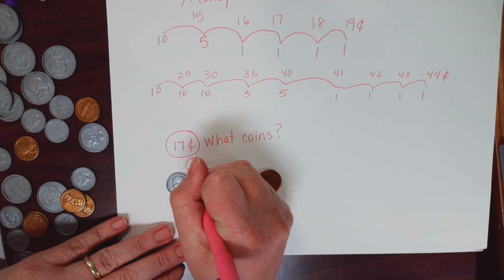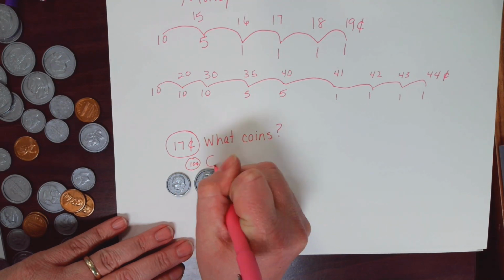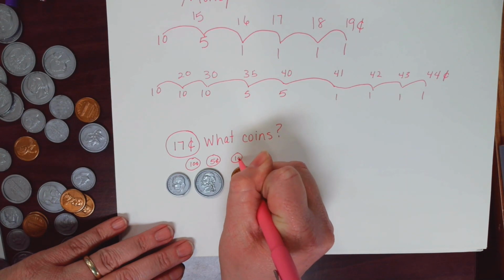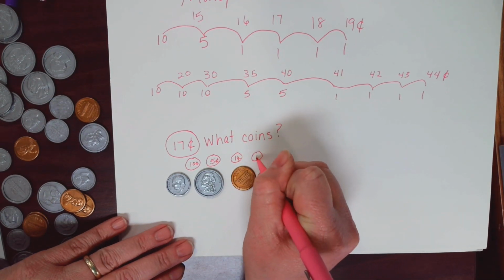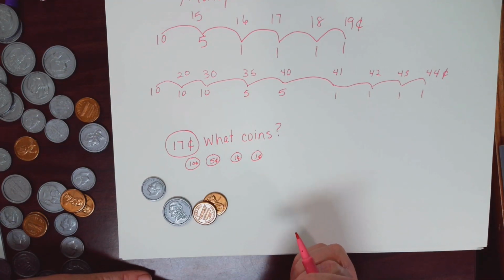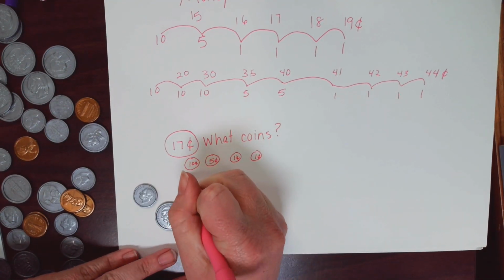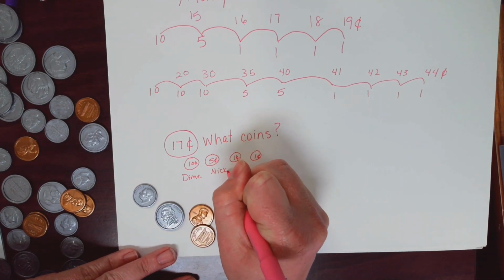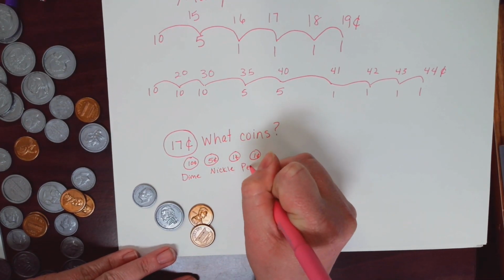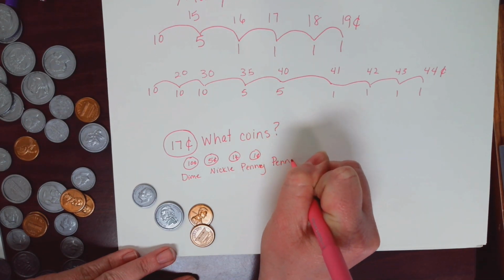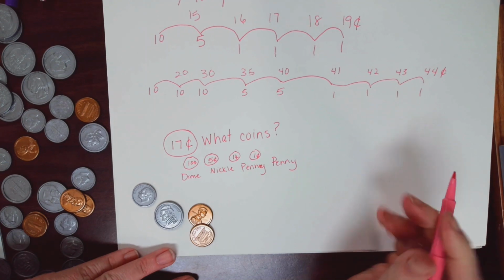So I'm going to draw a circle and put 10 cents. I'm going to draw 1 and put 5 cents. I'm going to draw 1 and put 1 cent. I'm going to draw 1 and say 1 cent again. So that right there is going to equal 17 cents. So I would know that it's a dime, nickel, penny, and a penny. And that's going to give me 17 cents.